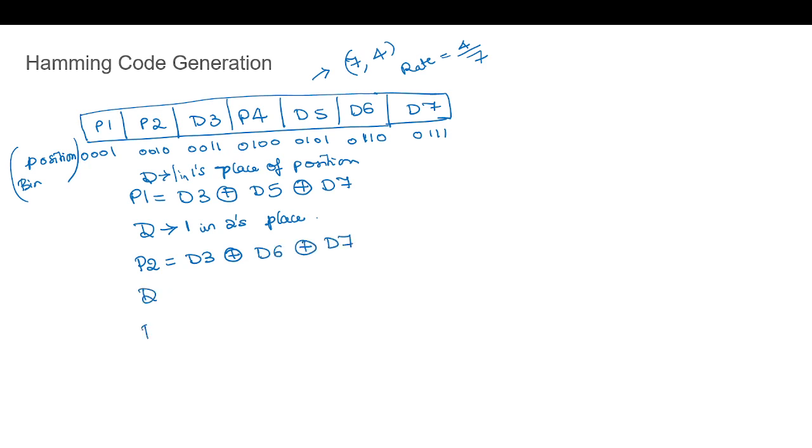Now for P3, the bits with 1 in the 4's place: D5, D6, D7. So in this way we generate the parity bits.